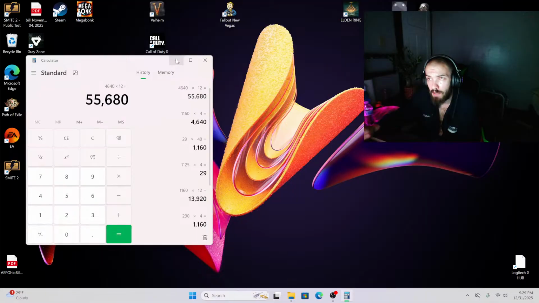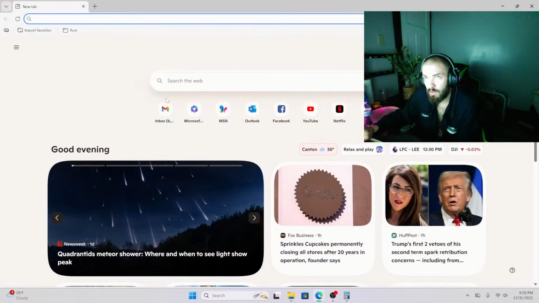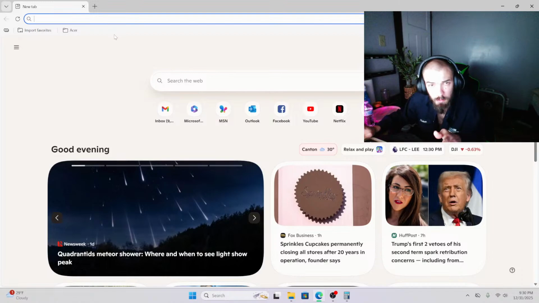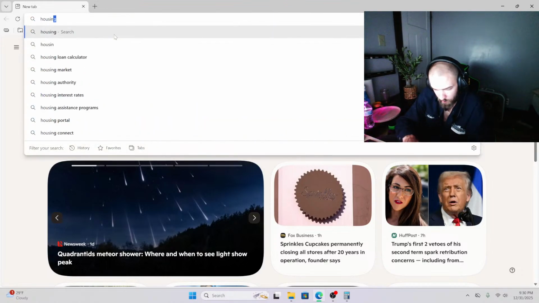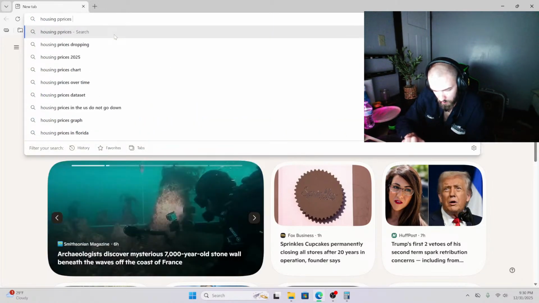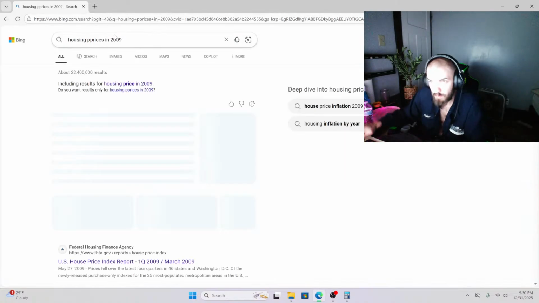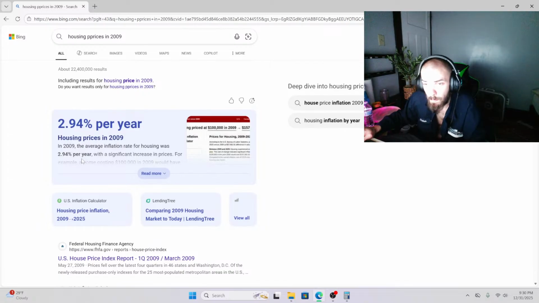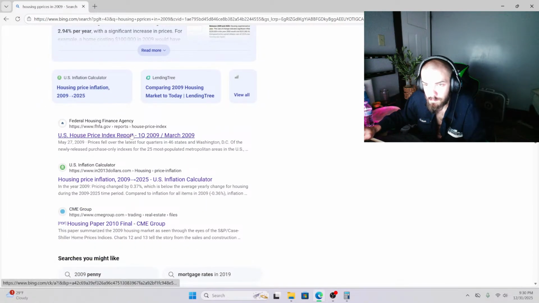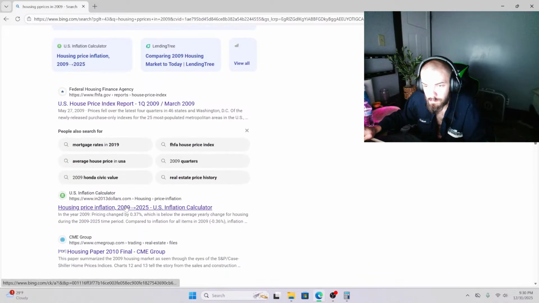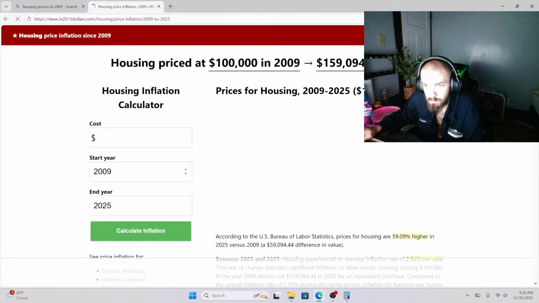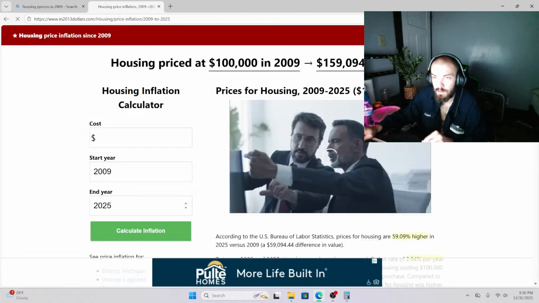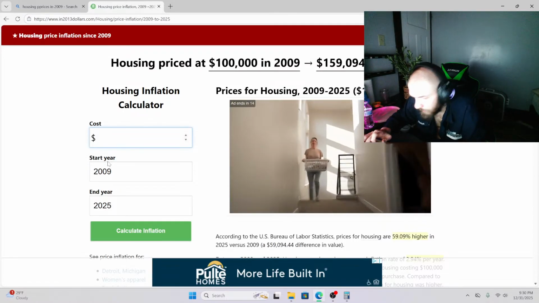let's see house prices. Just one thing that you pretty much have to have. And you got this great interest rate. I'm running 10%, seriously, 9 or 10 on this house. 2009 cost, let's say it was 50K.